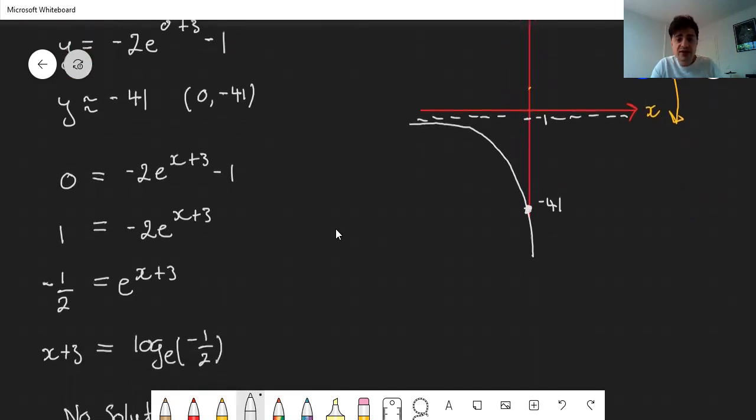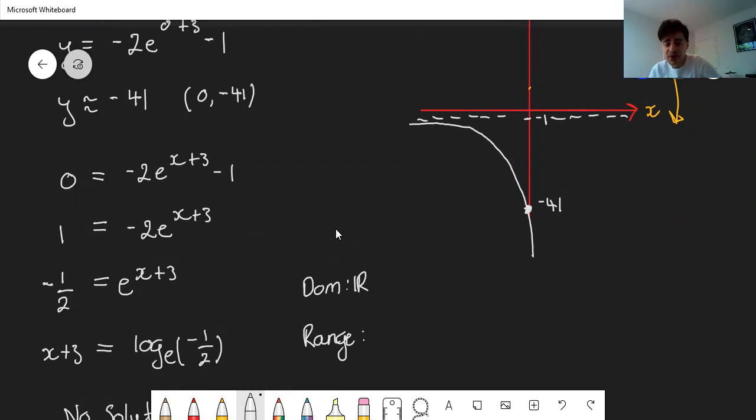So we now just need to consider the domain and the range and what transformations we've observed. The domain is all of the x values that the function exists for, and in this case, it is still all of the real numbers. The range, remember, is all of the y values that exist for this function.